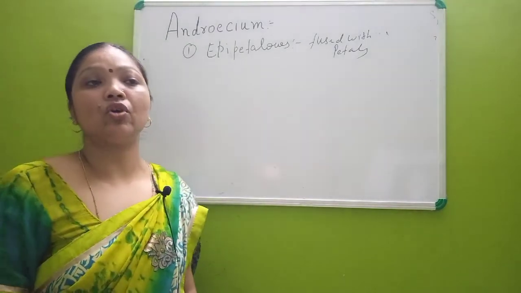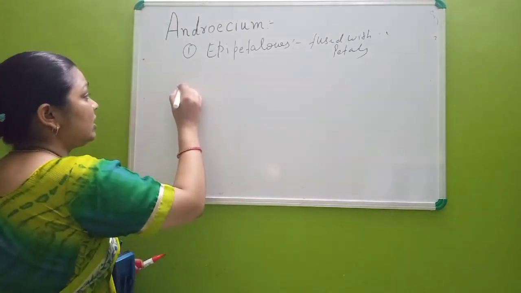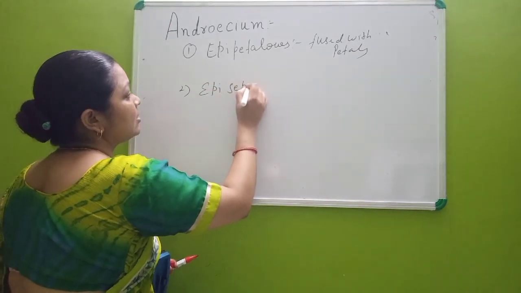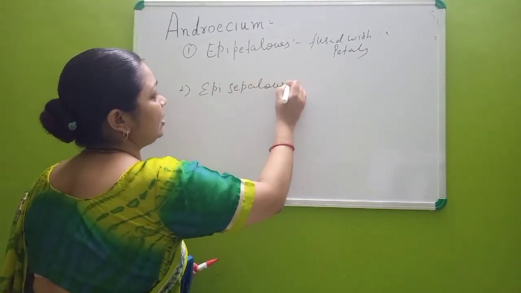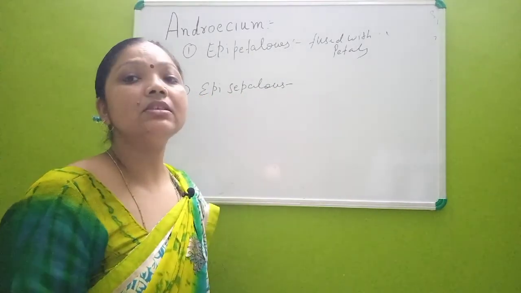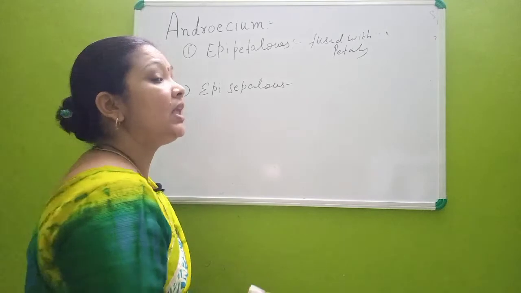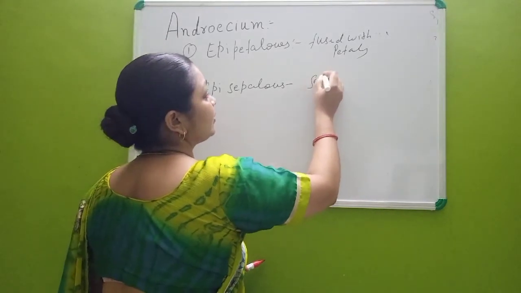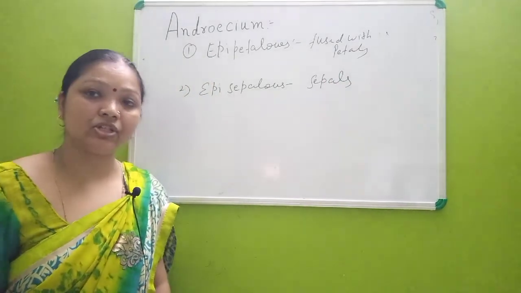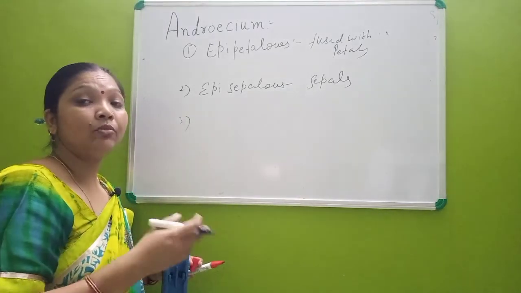Then this condition is called Epipetalous condition. The second condition is called Episepalous condition. Epi means on, sepalous means sepals. So if the stamen is fused with sepals, then it is called Episepalous condition.